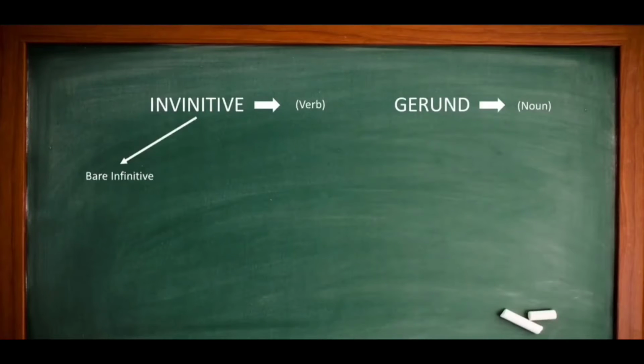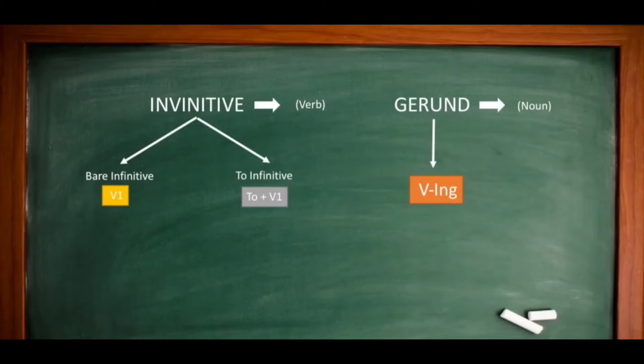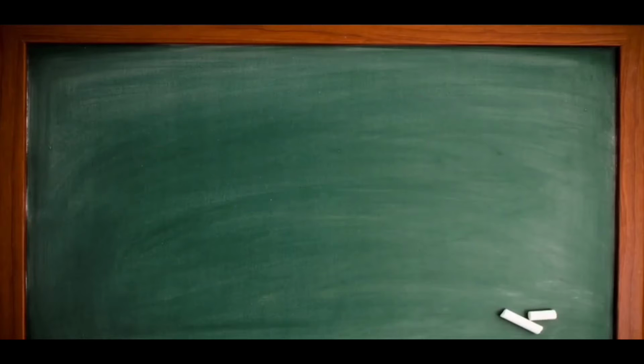Okay, the infinitive is divided into two. The first is bare infinitive, which is a basic verb or verb one, while the second is to infinitive, which begins with to, so the form is to plus verb one, while the gerund form is verb plus ing.